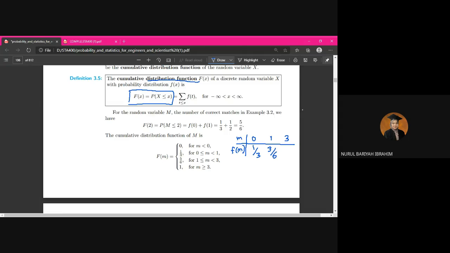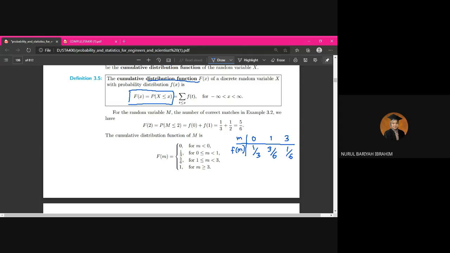Kat sini actually 2/6. And then here is 1/6. Total of this will be 1. So this is the PDF table, probability distribution table.